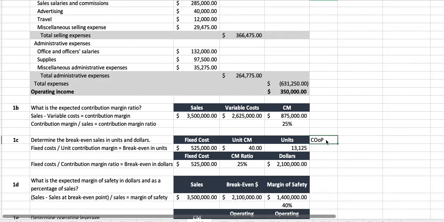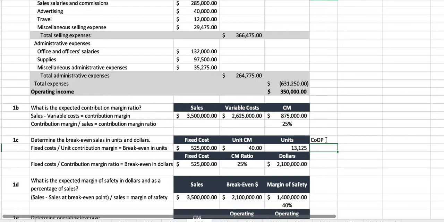C, little o, big O, P. So continuity of operations is, again, a risk management analysis. This is where businesses can establish plans for operating maybe without electricity or while under a state of emergency. And these are the plans that companies roll out at a moment's notice, depending on what the environment is.